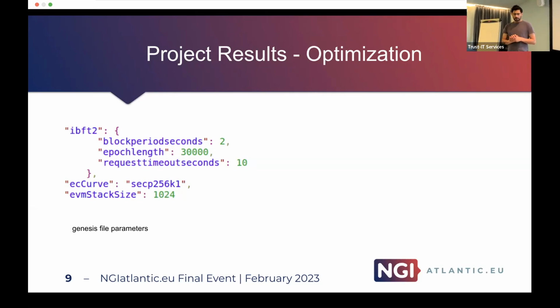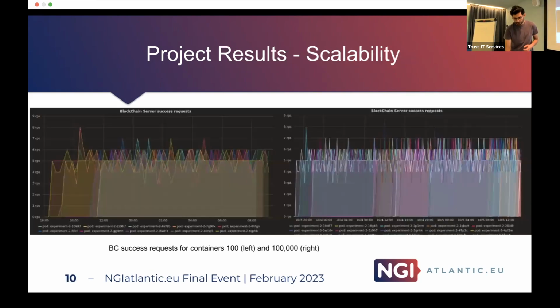These are some of the important parameters which determine the performance of a blockchain network. So we were playing in this iterative fashion with these parameters, trying to check if we were able to increase the performance and optimize the blockchain network for this particular solution.